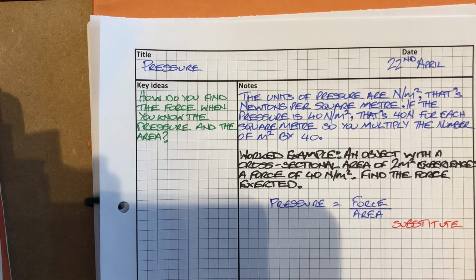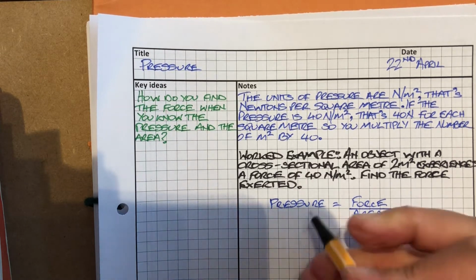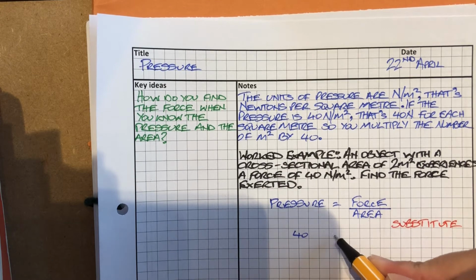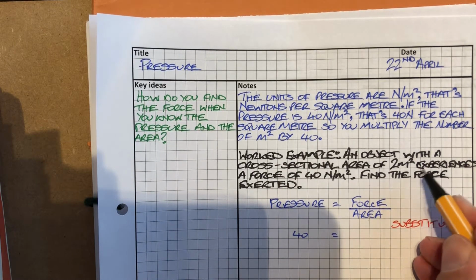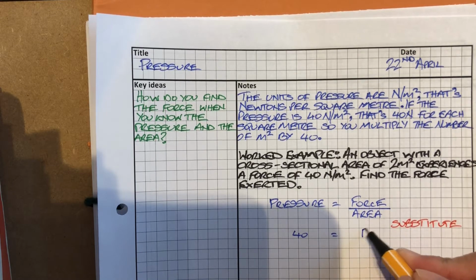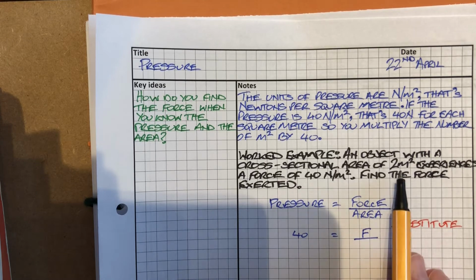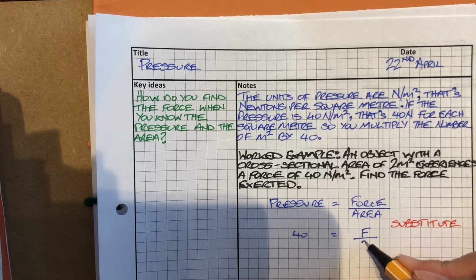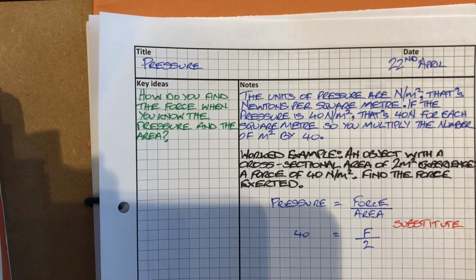So replace everything we can by a number. We know the pressure is 40. We don't know the force. We've been asked to find the force. So I'm just going to leave that as F for now. And we know the area is 2. So 40 is F divided by 2.